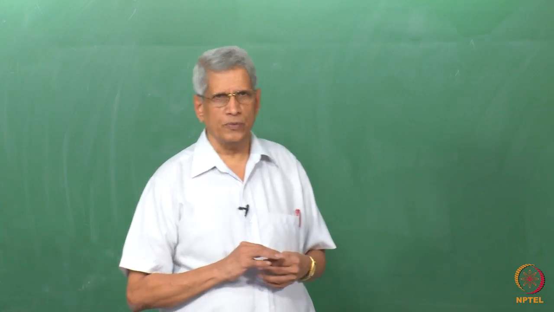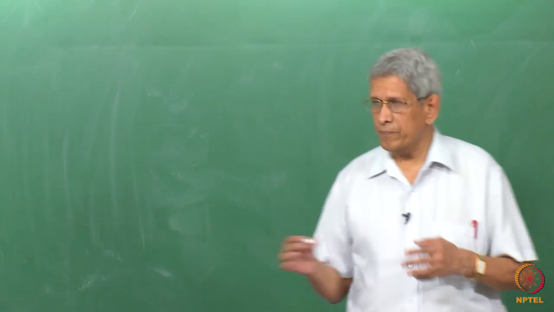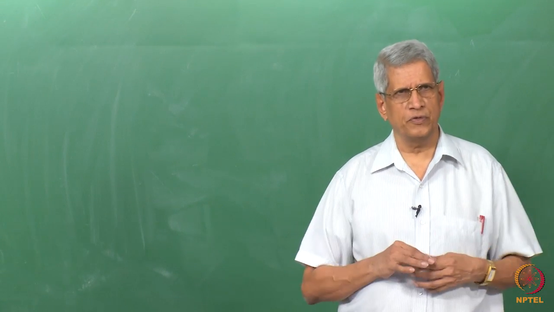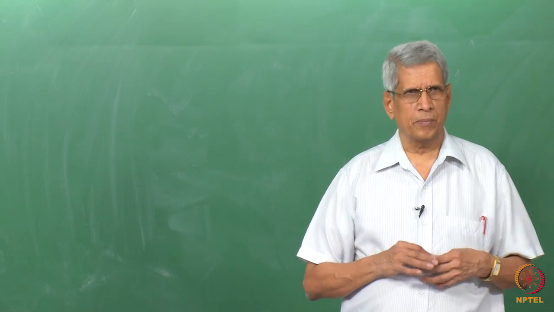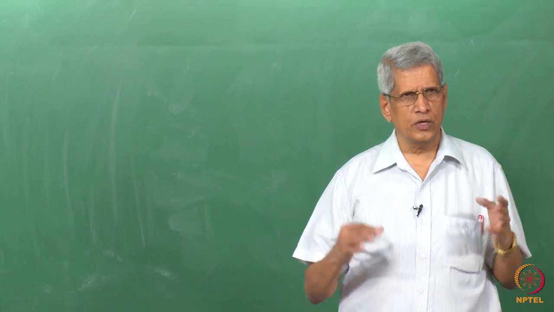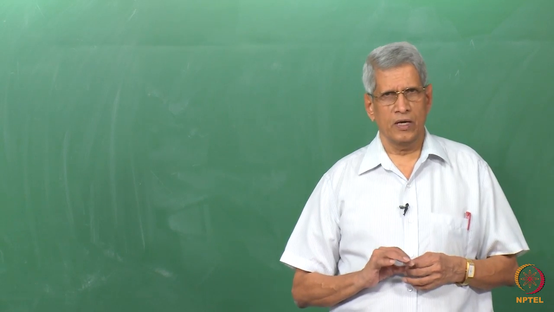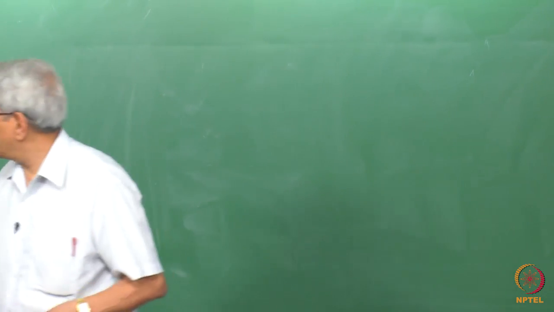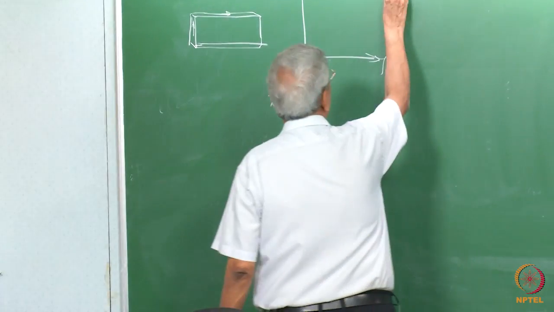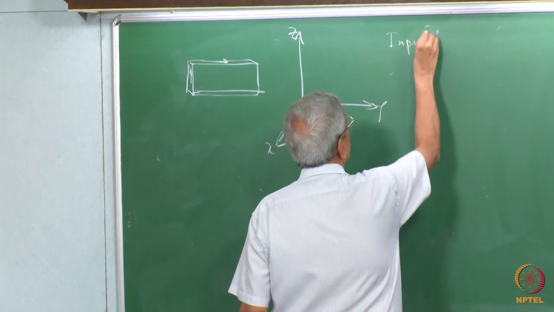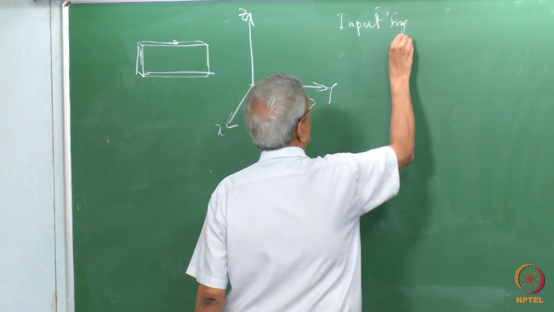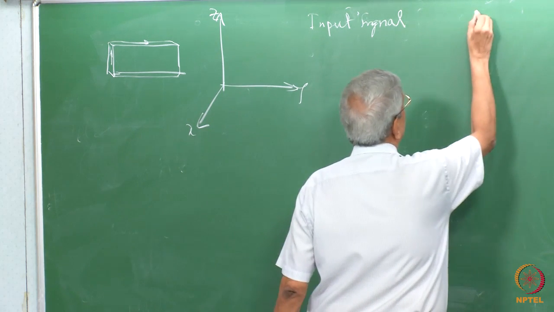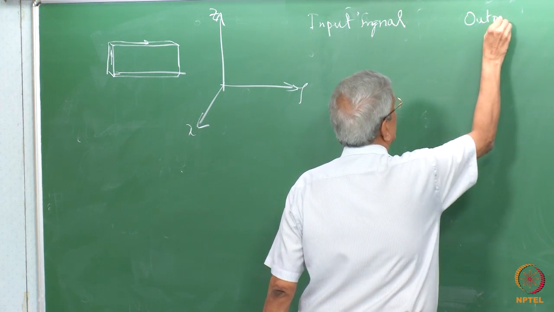Now let us come back to the actual experiment. Essentially all these mathematical operations of tensors are to get information about the property. When we do any experiment, what do we do? We give some input signal, then we collect the output signal.